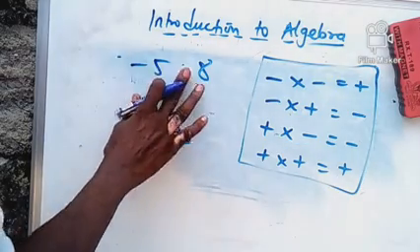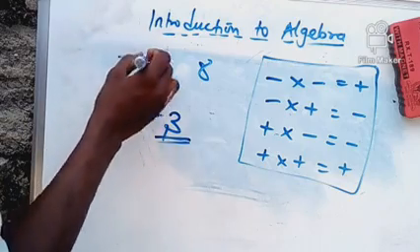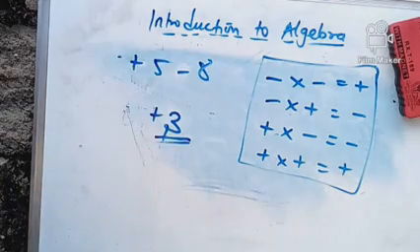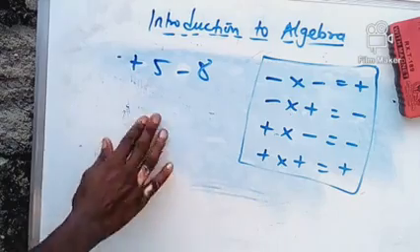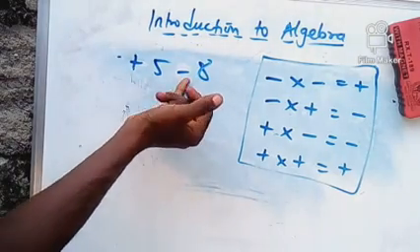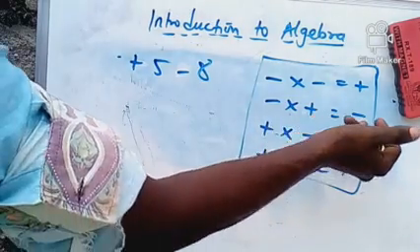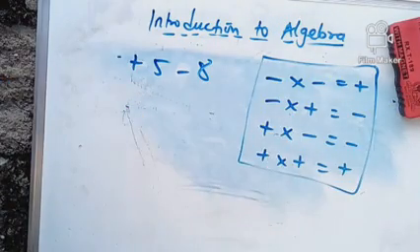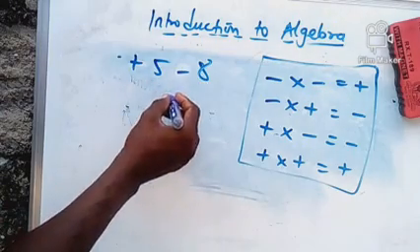Now, what if we have plus 5 minus 8? How do we solve that problem? The same way, we simply ask ourselves, minus times plus will give us what? Minus. It means the operation we are going to carry out is subtraction. So we simply subtract 5 from 8 and we have what? We have 3.